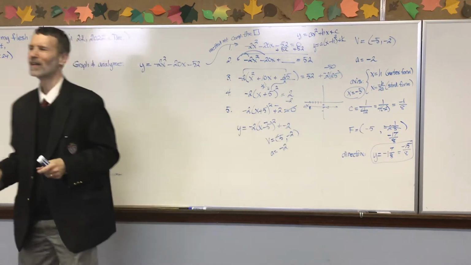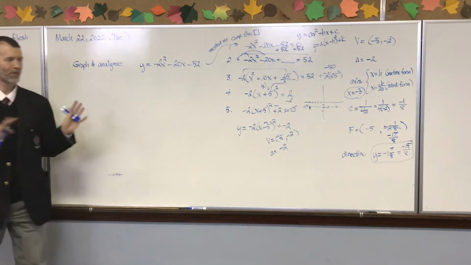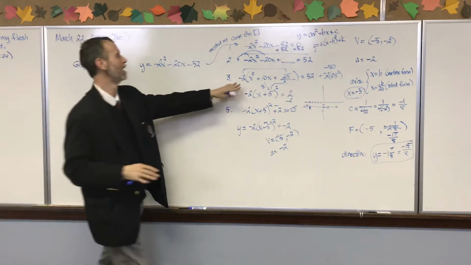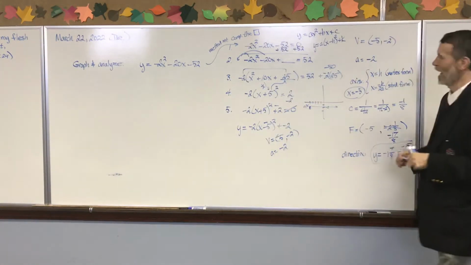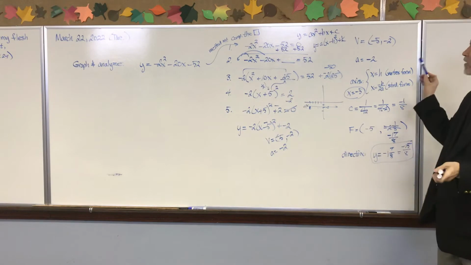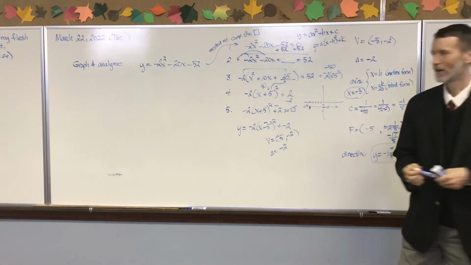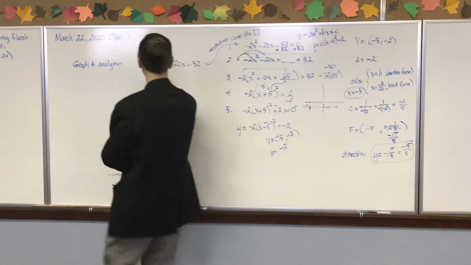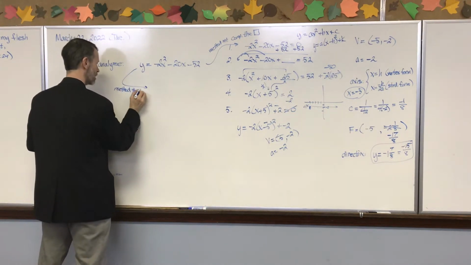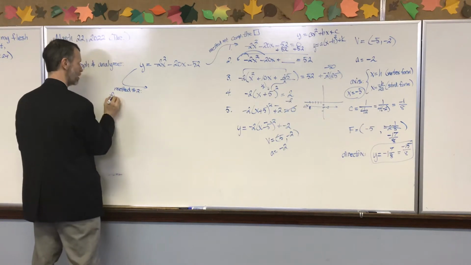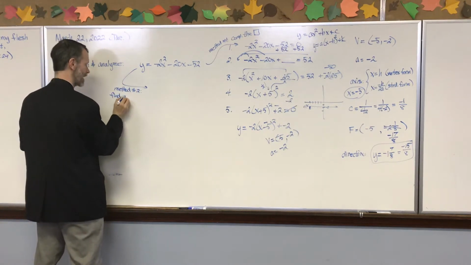Does that make sense? If they don't give you vertex form, use completing the square to get vertex form. By the way, how do you get vertex form without completing the square? Method number 2: find the axis of symmetry.